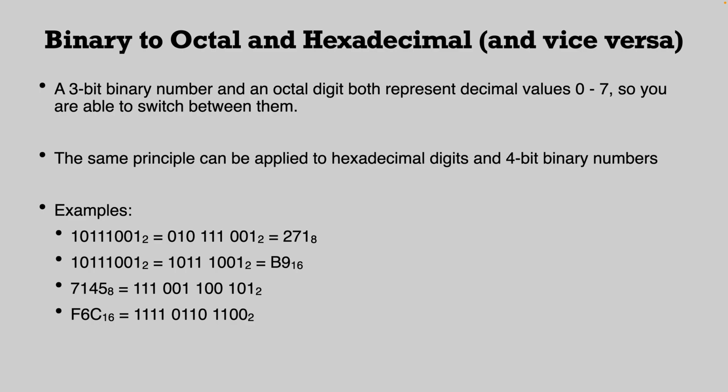Then you simply take each one of those groups and convert that binary to the appropriate decimal value, and that decimal value will never be 8 or 9 because it's octal, but it could be any of the others.